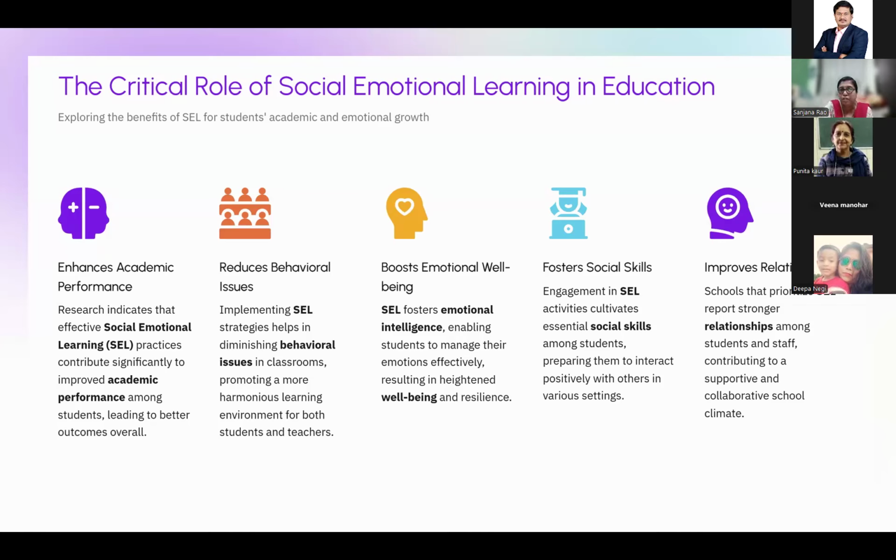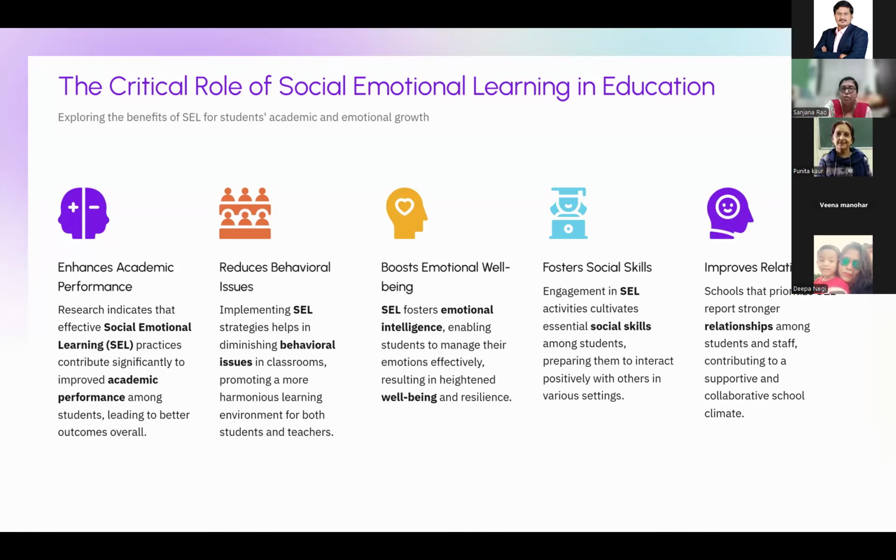Reduces behavioral issues. Implementing these strategies helps in decreasing behavioral issues in classrooms, promoting more harmonious learning, and a good environment will be created in the class. Interactions will be more between teachers and students. And it also boosts emotional well-being. So social and emotional learning will foster emotional intelligence.